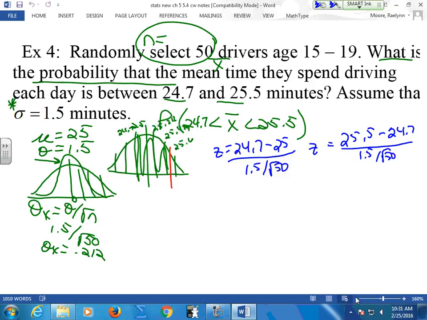You can use your calculator for this just as easy. When you put your standard deviation in, let your calculator figure it out. So this z-score comes out to be negative 1.41. And this z-score comes out to be 2.36. Look up your areas and subtract your areas.